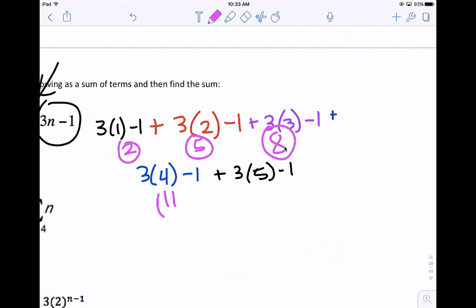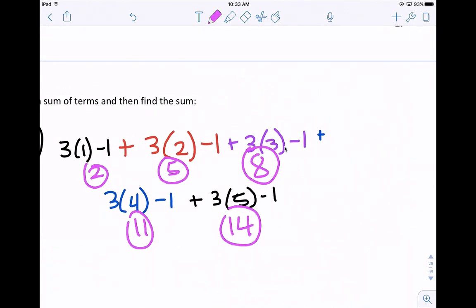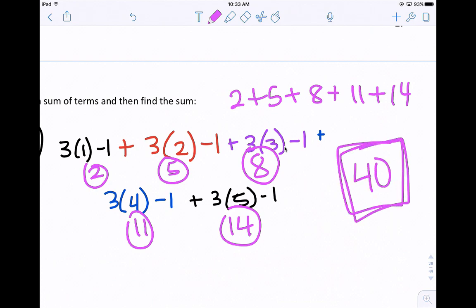This will be 11. 11 plus 3 is 14. All right, so here are all the actual sums. So we're going to add up 2 plus 5 plus 8 plus 11 plus 14. And that will be our answer. So let me add them up for you. 2 plus 5 plus 8 plus 11 plus 14. We get 40. 40 is the answer.